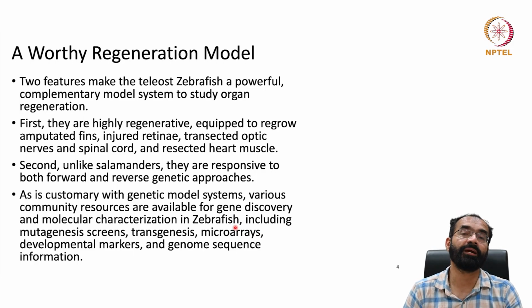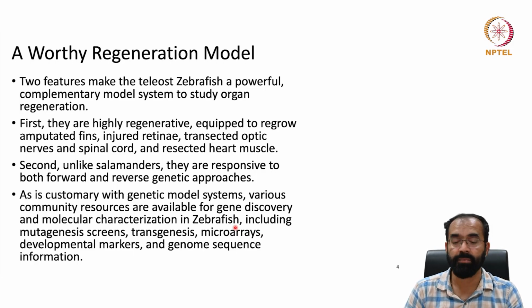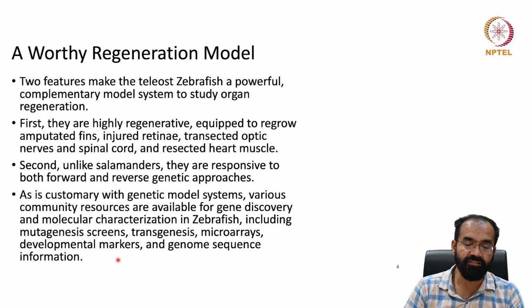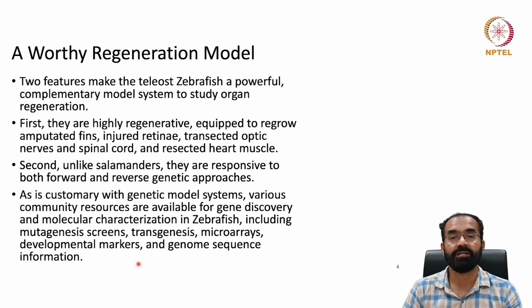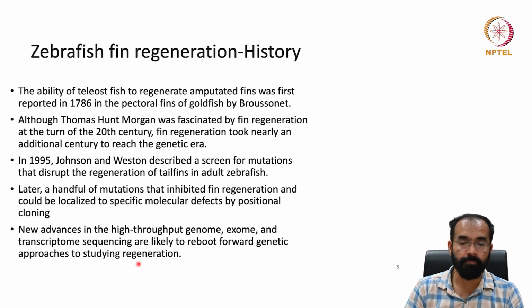It's almost like you have to make the road and ride on it. That can be very cumbersome when it comes to doing effective or easier research, including mutagenesis screens, transgenesis, microarrays, developmental markers, and genome sequencing information, which are a must if you want to study a species. Zebrafish fulfills all these criteria.